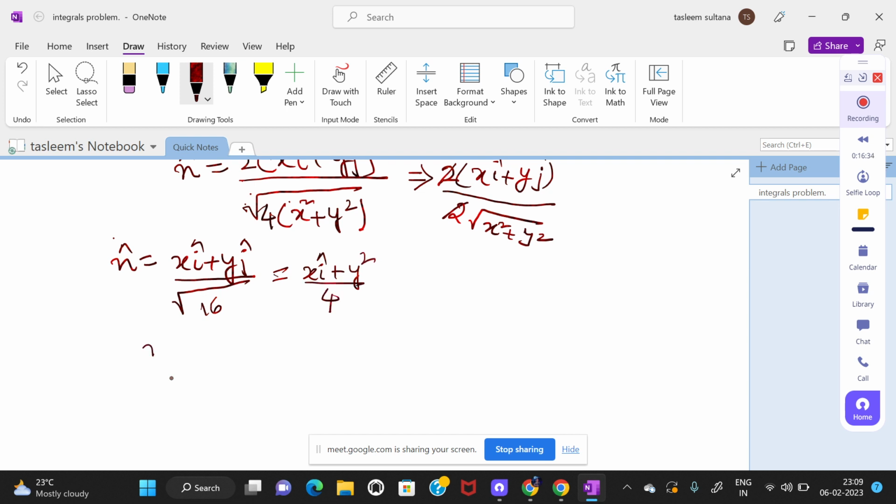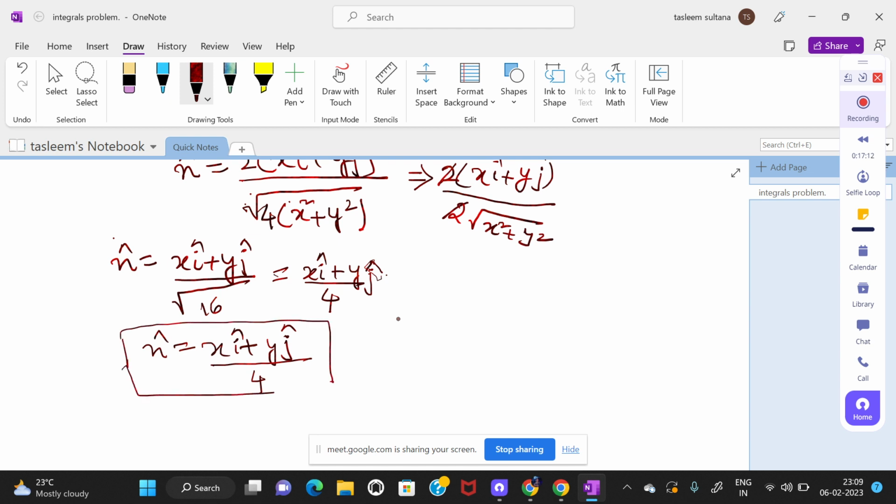We got our n cap value is equal to x i vector plus y j vector, divided by 4. We will make this equation number 3.